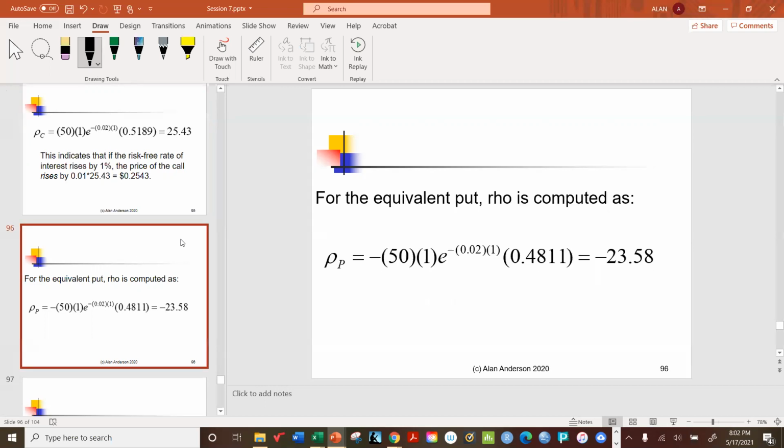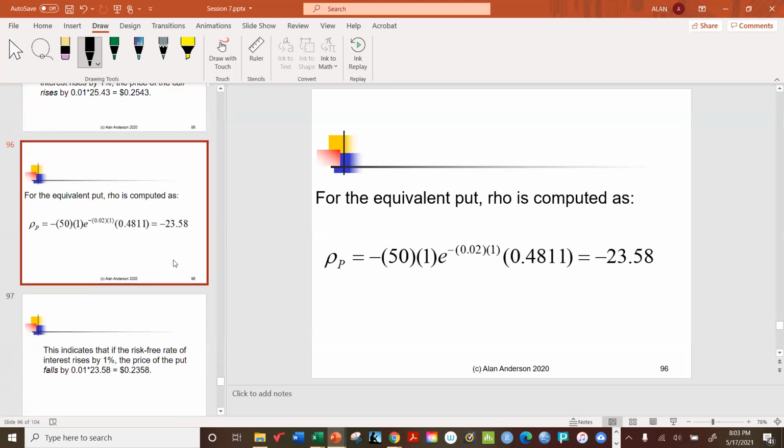Now for the corresponding put, the rho is now, as you can see, negative 23.58. And now we know how to interpret that. If the rate of interest or risk-free rate goes up 1%, the price of the put actually goes down by 23.58 cents.